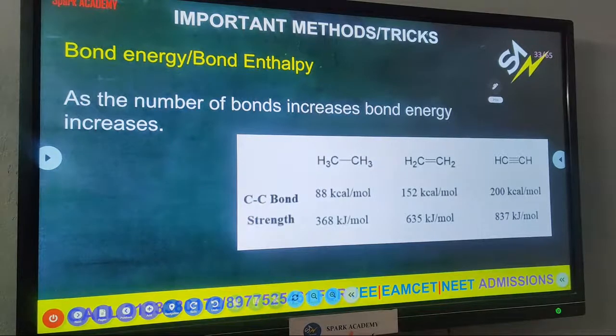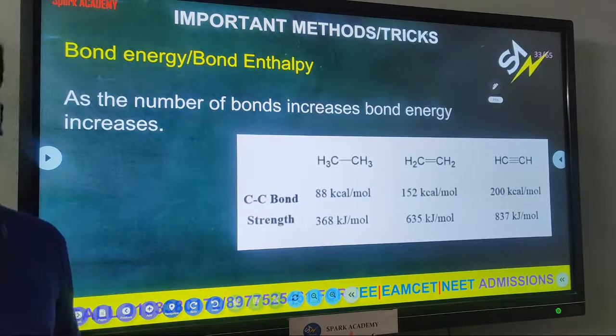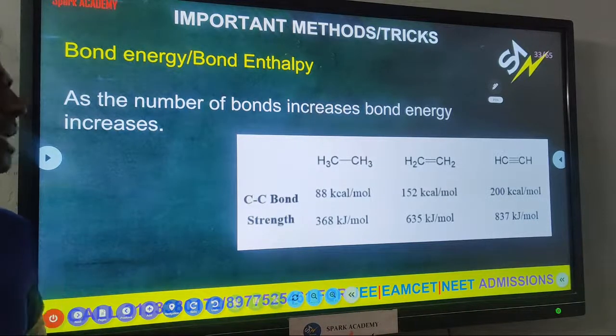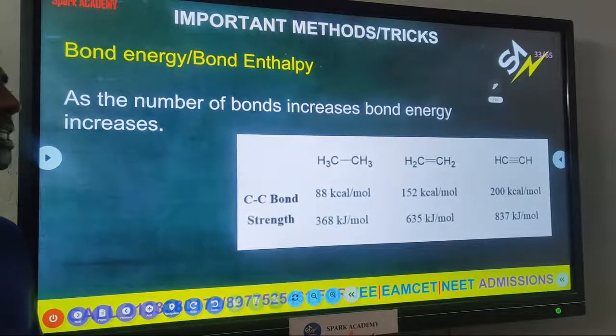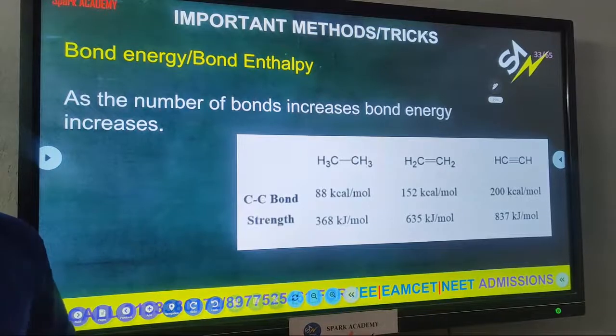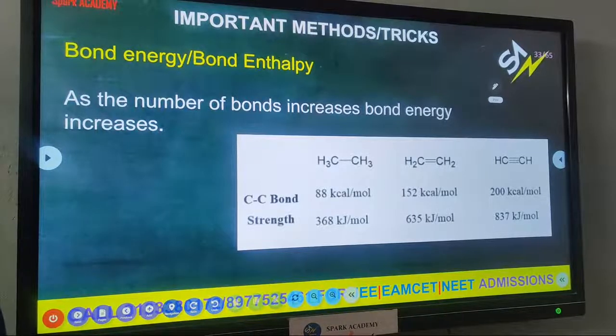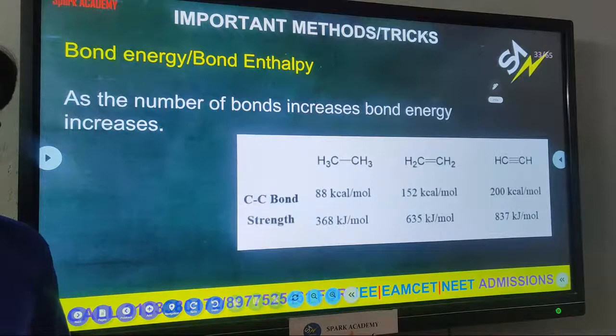Now see, what is the first example given here? C2H6, ethane. The second example is C2H4, ethene. What about the third example? C2H2, ethyne. All are hydrocarbons, but the bonds are different. In the case of alkanes, a single bond is present between carbons. In the case of alkenes, a double bond.